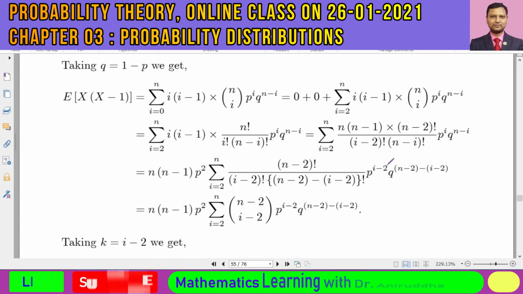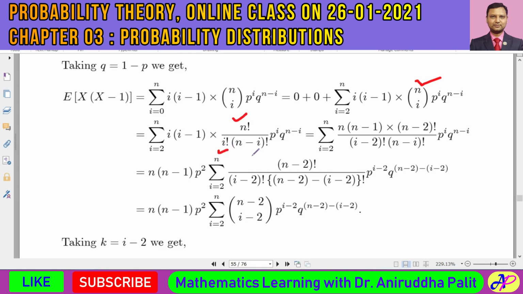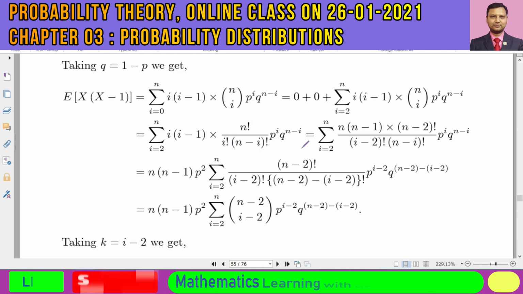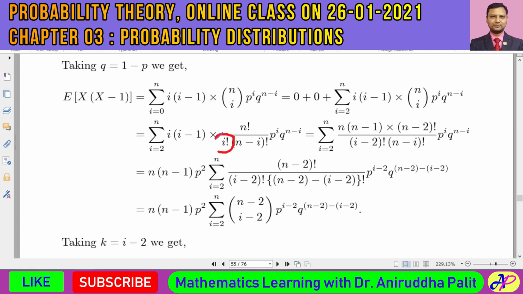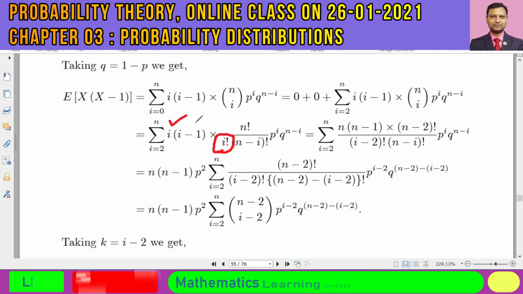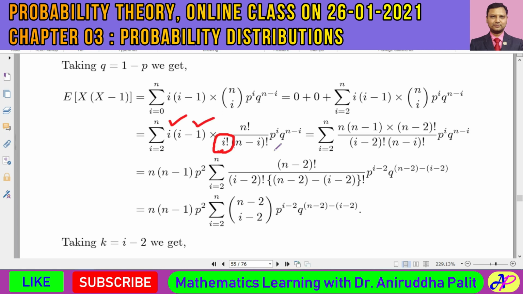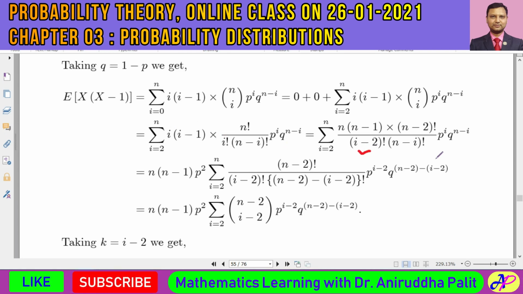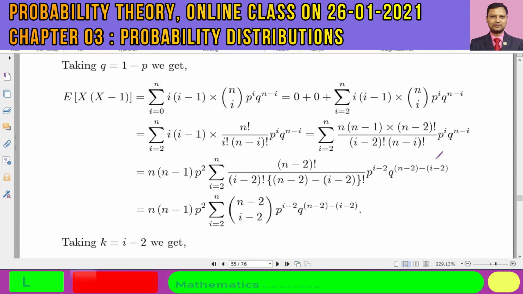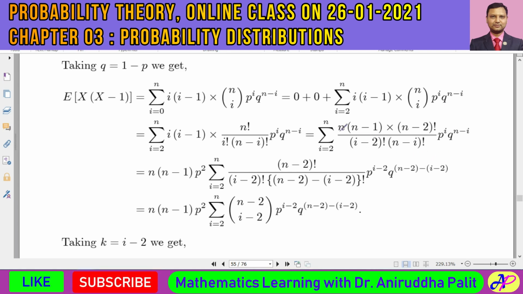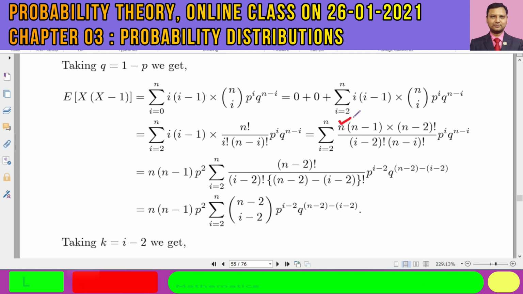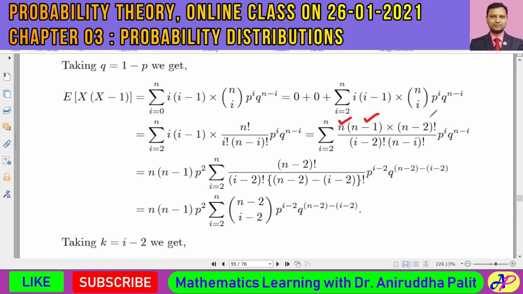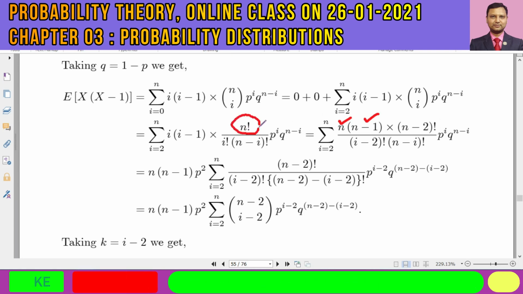And afterwards, we observe that this nCi will be decomposed in this way: factorial of n divided by factorial of i into factorial of n minus i. And in this factorial of i, we have two factors, one is i, another is i minus 1. So we can cancel these two factors, and remaining we'll have factorial of i minus 2. And in order to adjust, we are extracting factorial of n and factorial of n minus 1 from this factorial of n.